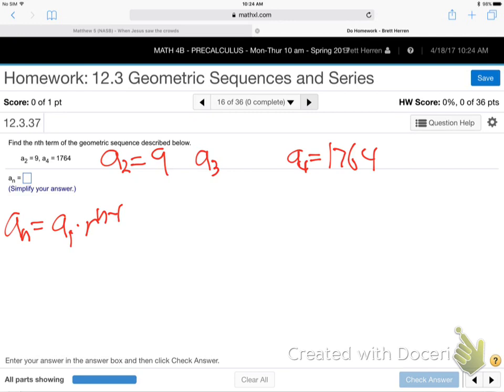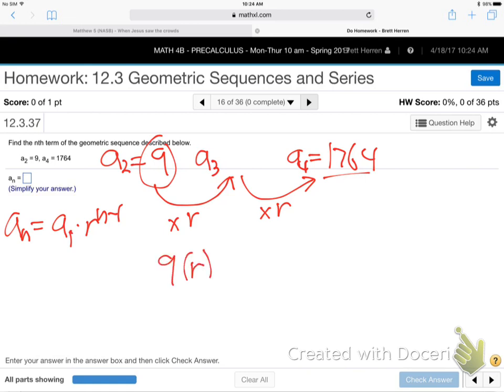Let me give you a hint. Something was done to the 9 to become this. I don't know what, call it r, multiplied by the ratio, whatever that is. And then they multiplied by r again, and it became that. So they took the 9, multiplied by r again, and got 1764, because that's two jumps down the line.